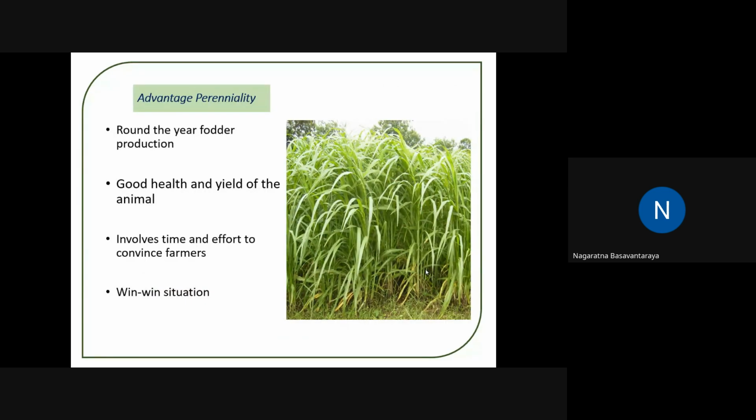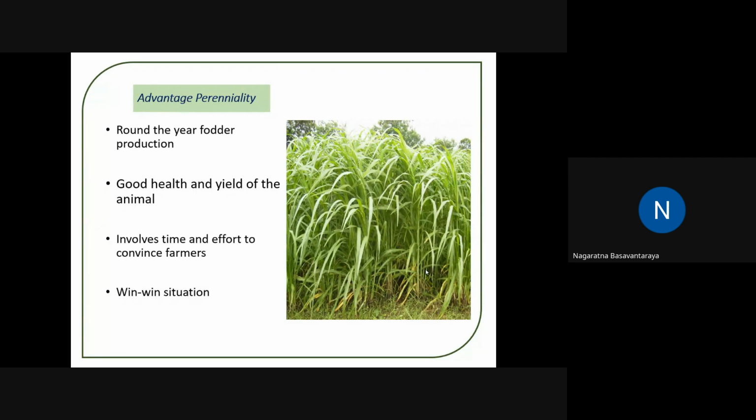Another point is that we always talk about making fodder, especially green fodder, available to the animals around the year. So much of our focus in our work was on perennial fodder crops instead of annual fodder crops. Especially in horticulture, the perenniality of the fodder crops matters a lot.